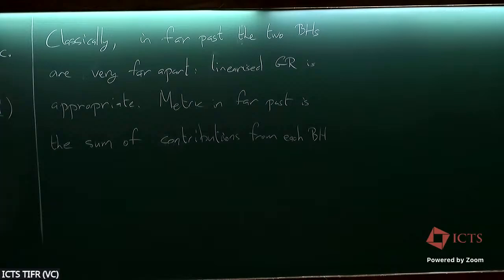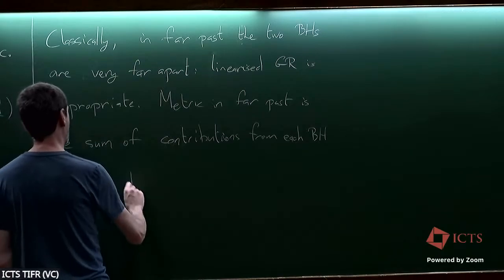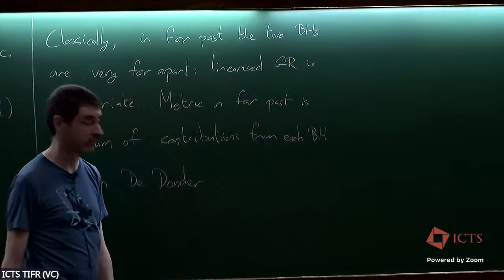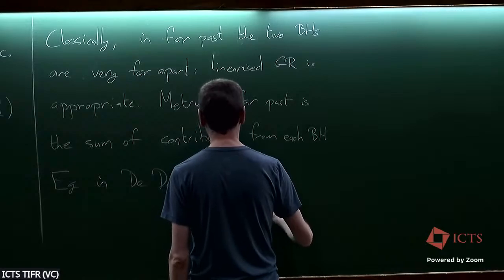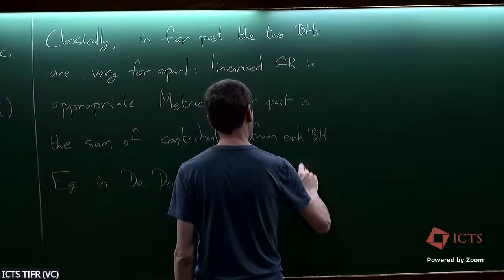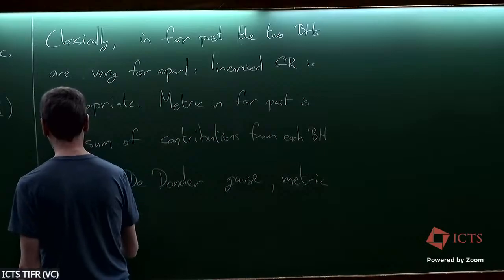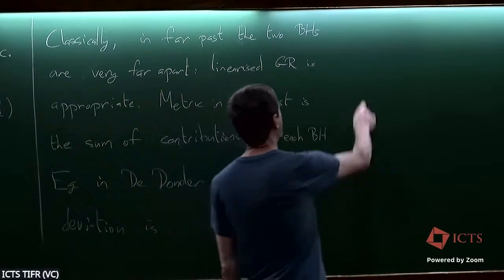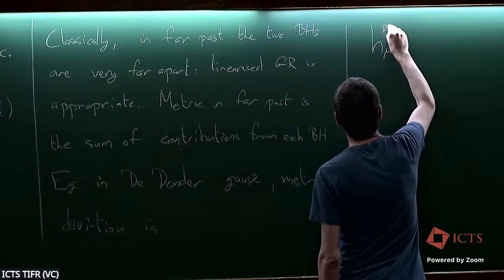I have to pick a gauge. So, for example, one obvious gauge to set up a perturbative computation is the Donder gauge. Well, in the Donder gauge, the metric deviation is, let's just write it here. I'll write h mu nu D for Donder.